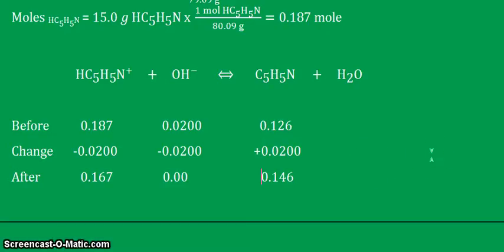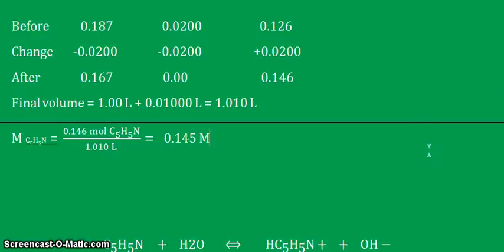So our next step will be to calculate the molarity of these species so that we will be able to use them for the ICE chart. Let's do that. Okay, so as I have mentioned before, we will be calculating the molarity of the species after the reaction has taken place. But remember, before you do that, never forget that the volume has now changed.